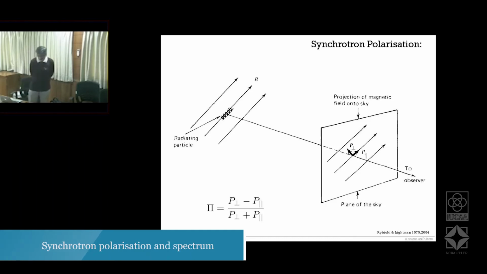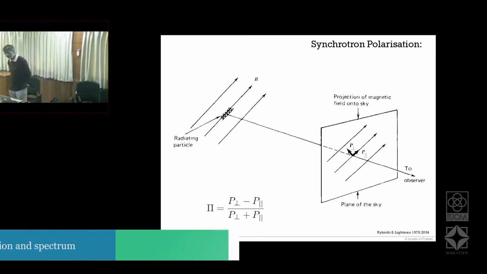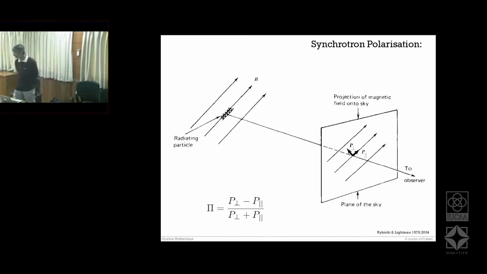Okay. Next, very important thing in pulsar radiation is polarization. Invariably, in whatever wavelengths we can see and measure polarization, pulsar radiation is seen to be highly polarized.